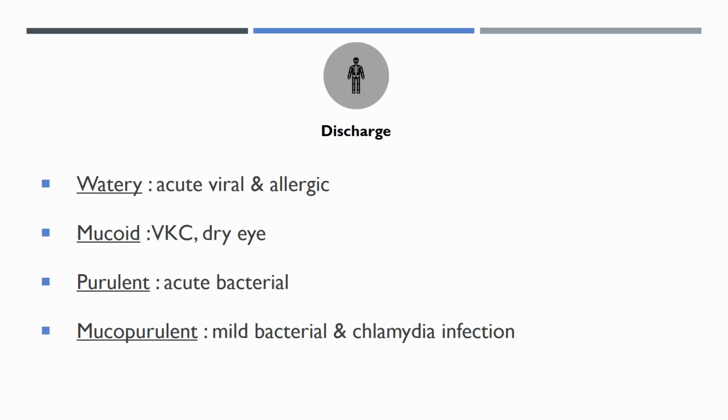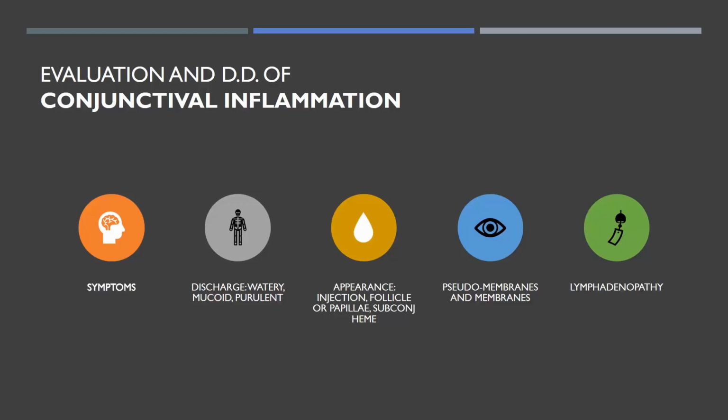Purulent conjunctivitis indicates bacterial infection. Mucopurulent discharge is seen in mild bacterial and chlamydial infection. We'll be talking about chlamydial infection because it can cause trachoma, and trachoma is a specific entity of conjunctivitis.